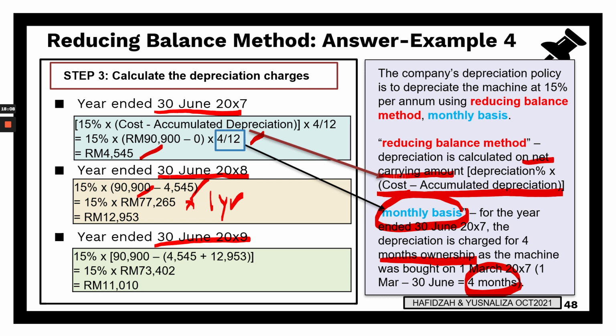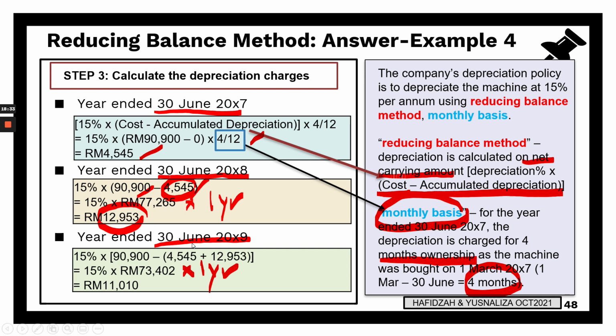The third year is also the same case, 12-month depreciation, only that the accumulated depreciation will be higher, because that was as a result of 4545, and then also the result of 12953, which is the depreciation for the last 2 years.